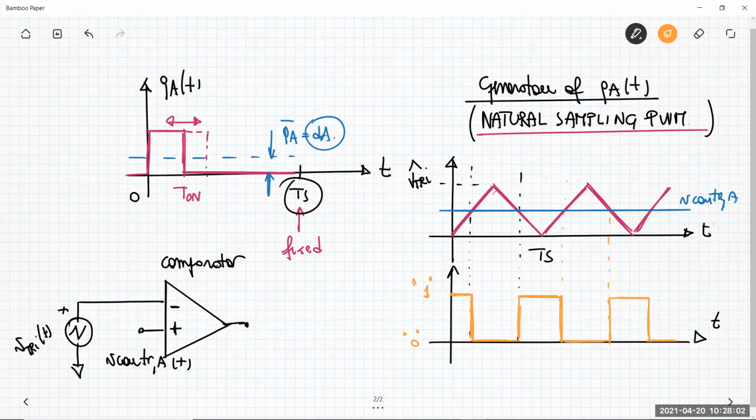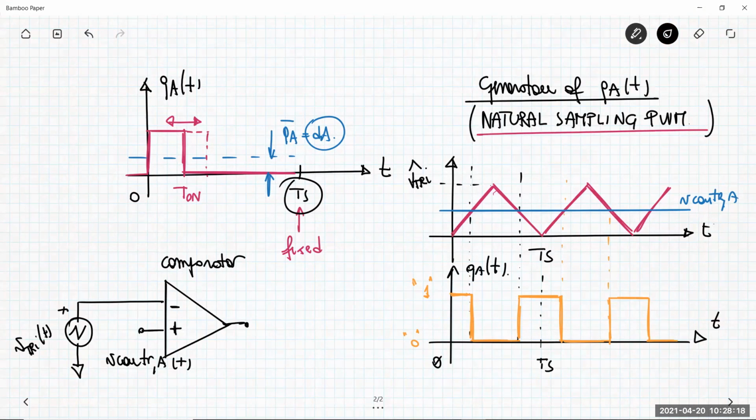So you can see here I generated exactly my rectangular logical signal, 0 logical level, 1 logical level, which is a periodical waveform with Ts as the period, and we can use this waveform exactly as our logical unitary switching function.